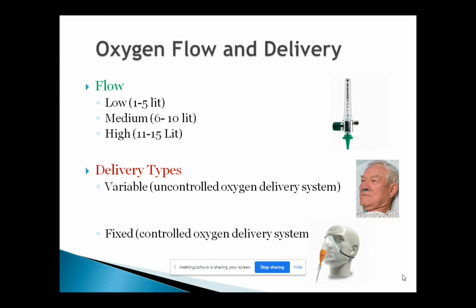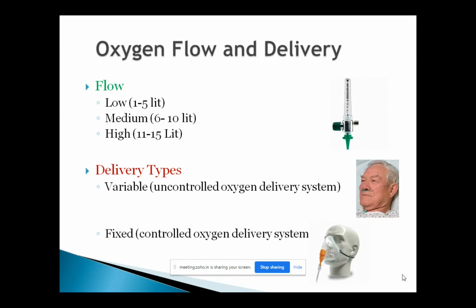If your oxygen is flowing from 1 to 5 liters, we call it low flow oxygen. From 6 to 10 liters, it is a medium flow. But from 11 to 15 liters, it's a high flow oxygen. That means the maximum you can give is 15 liters using those flow meters.